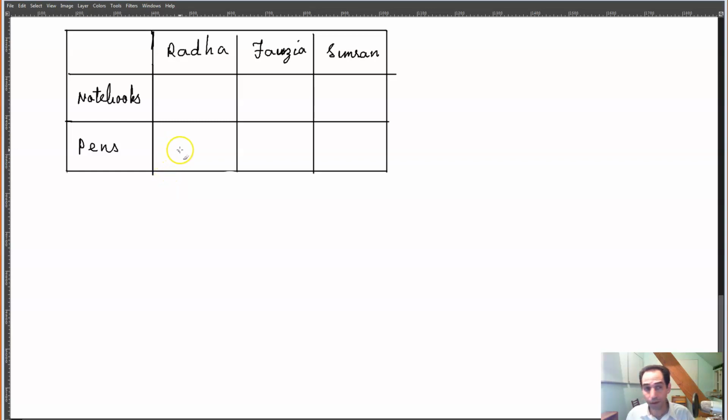Now the number of notebooks that Radha has is 15. The number of notebooks that Fazia has is 10, and the number of notebooks that Simran has is 13, and the number of pens possessed by these three people are 6, 2, and 5. Therefore I can rewrite this information as 15, 10, 13, and 6, 2, and 5, and put the brackets around them.